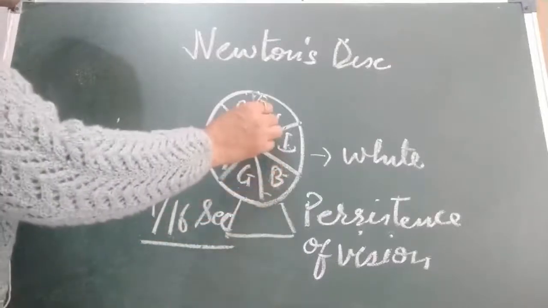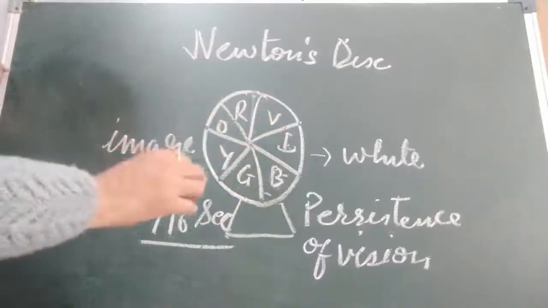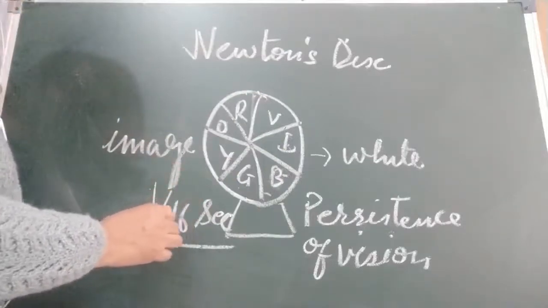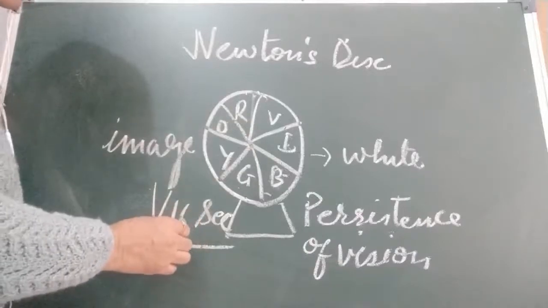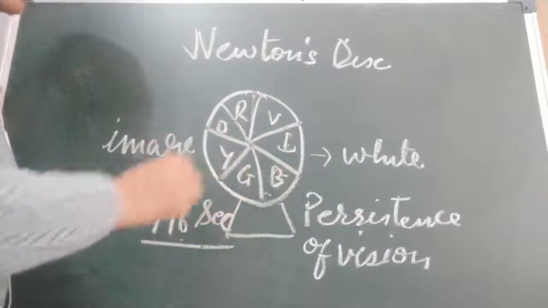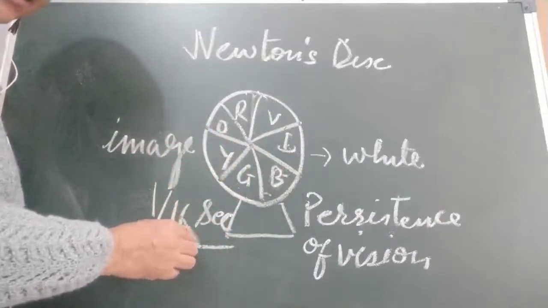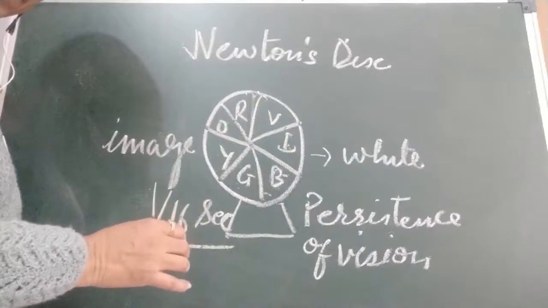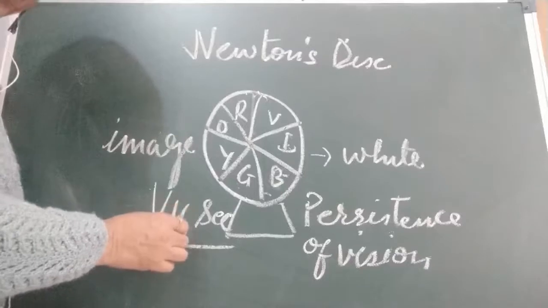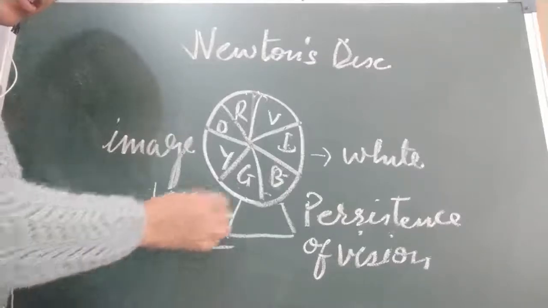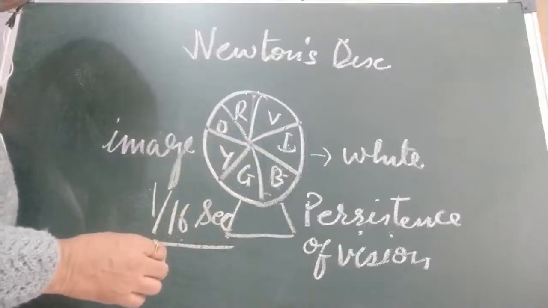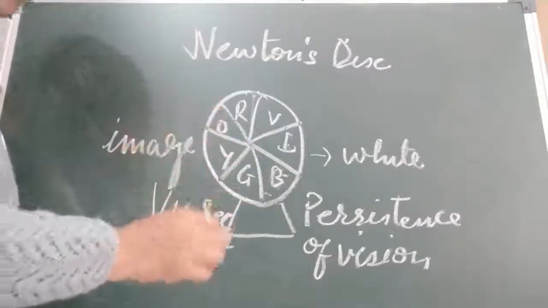Suppose we see violet, and it is there on our retina, and 1/16th of a second is not over, indigo has come, then blue has come, then green has come. So our eyes cannot make a difference. When the disc is rotated at a high speed, the images of different colors overlap in our eyes and the brain perceives it as white.